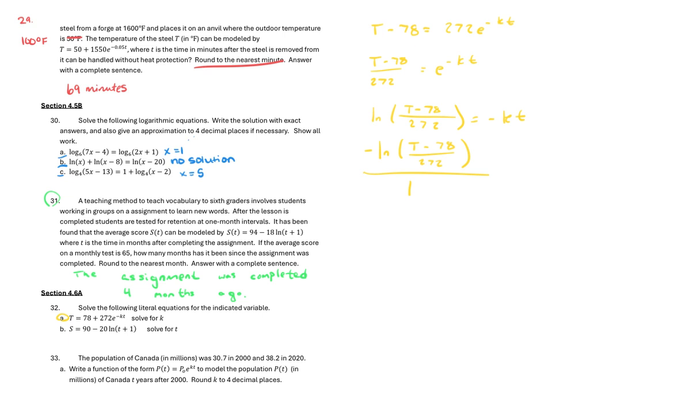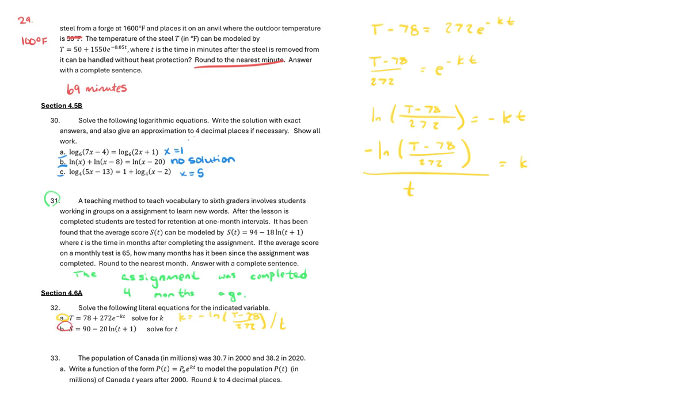Oops, not k, t. This is equal to k. So we found our answer for k, and that is that k equals negative natural log of (capital T minus 78) over 272, all divided by t.